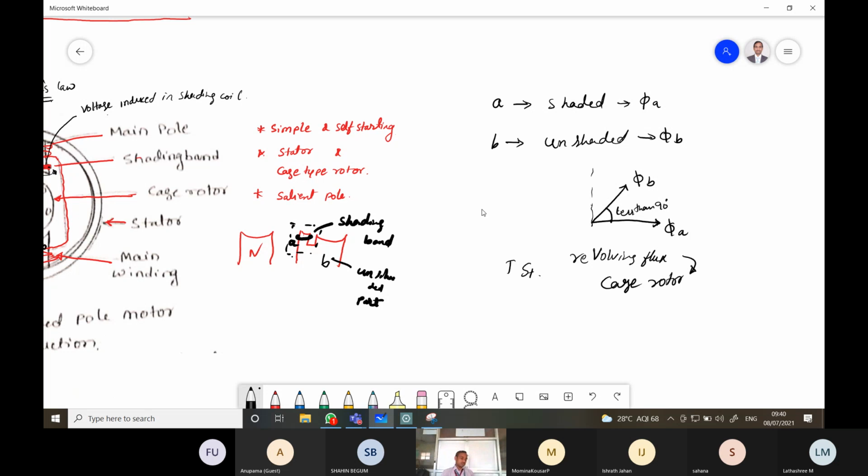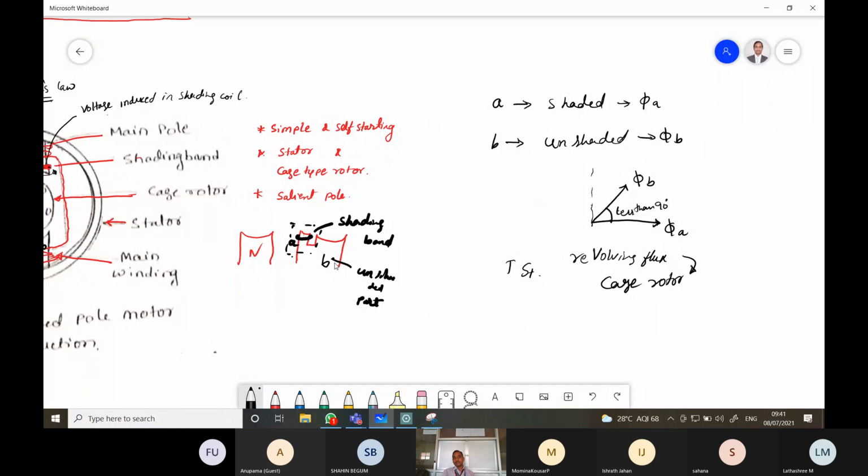In the shaded pole induction motor, there are two portions, a shaded portion and an unshaded portion. The shaded portion is constructed by means of a copper shading band, a small short circuited ring attached to the shading portion. The other portion is called the unshaded portion.